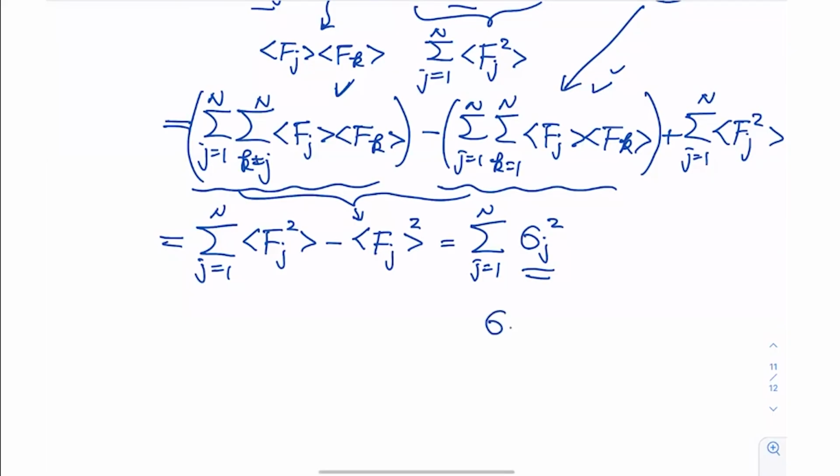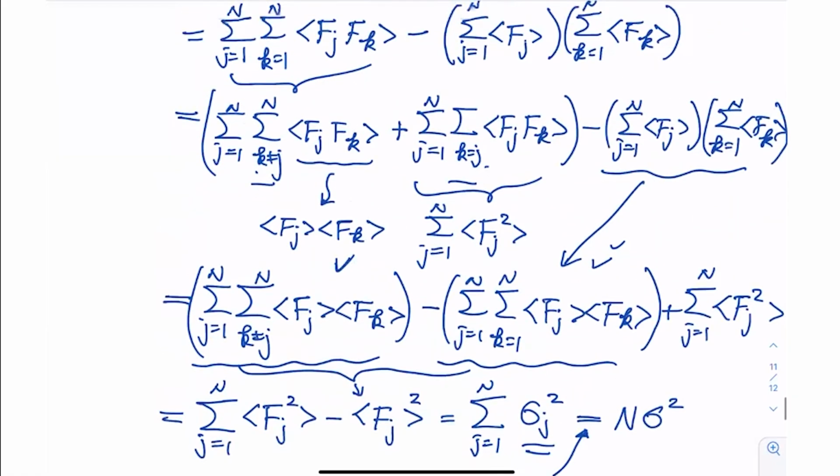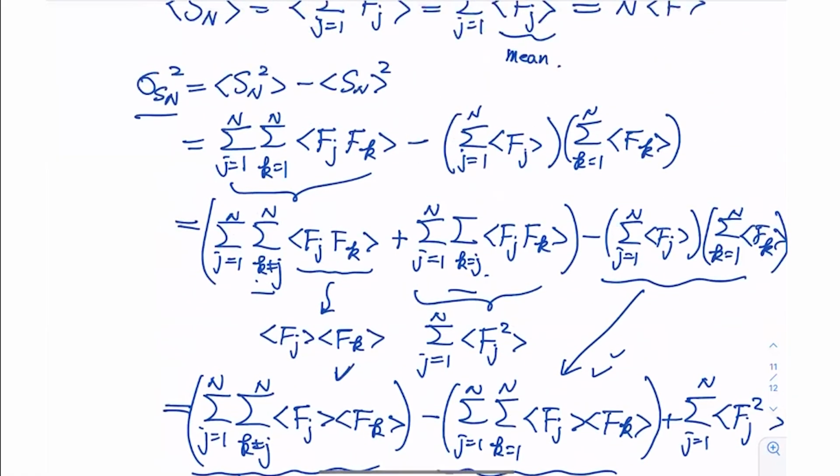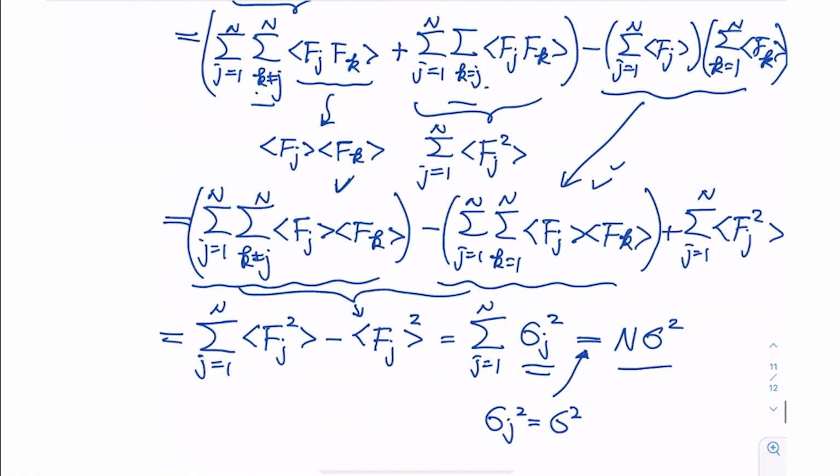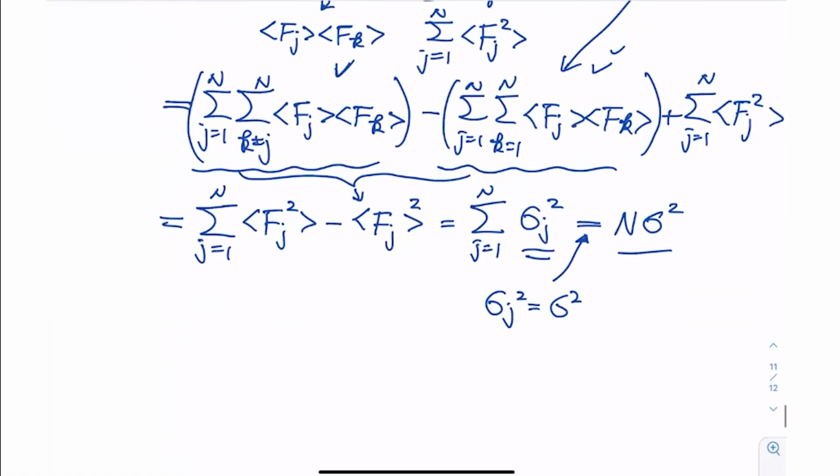So we can assume that, and then we get the expression n sigma squared. That's good. That means we successfully derived the variance of our system.